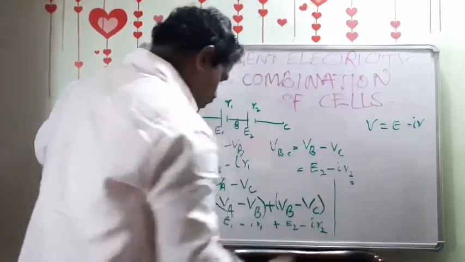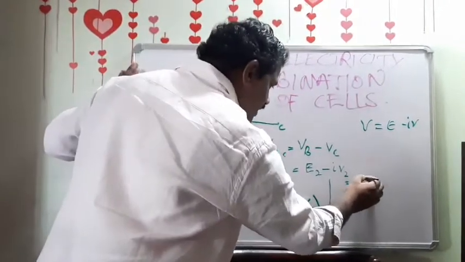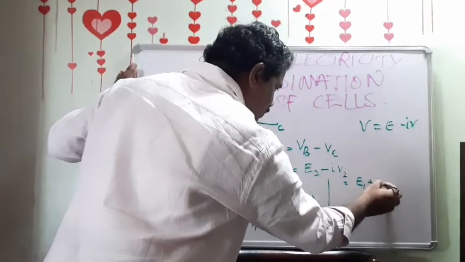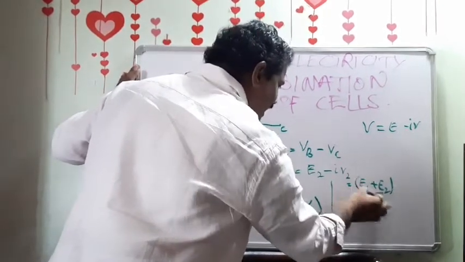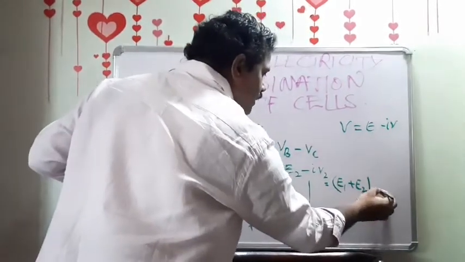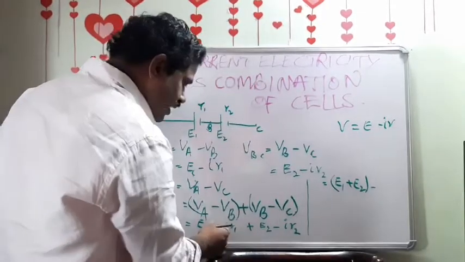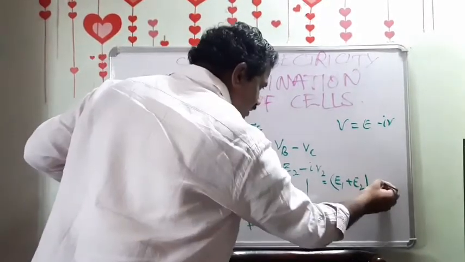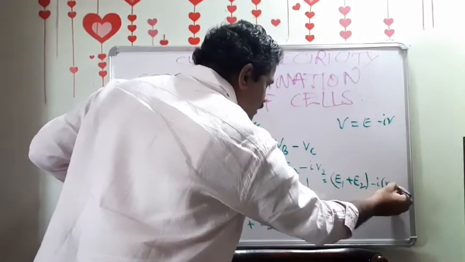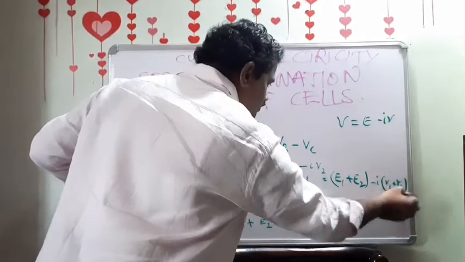This is equal to E1 plus E2 minus I common, so it is R1 plus R2.